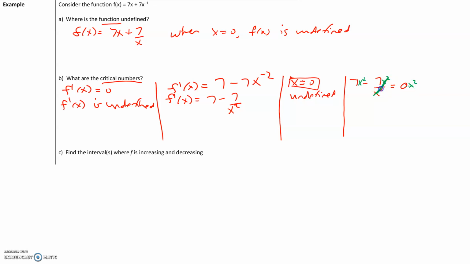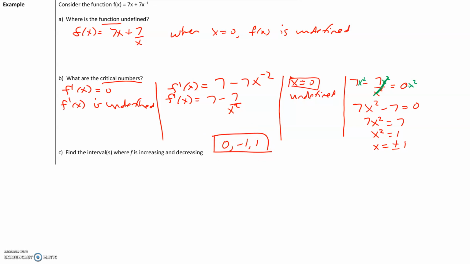The x squared over x squared cancels. That's the whole point of clearing the fraction. And look at what we have left over: 7x squared minus 7 is equal to 0. We move the 7 to the right, so we get 7x squared equals 7, x squared equals 1, so x is going to be plus or minus 1. So our critical numbers are 0, negative 1, and positive 1.